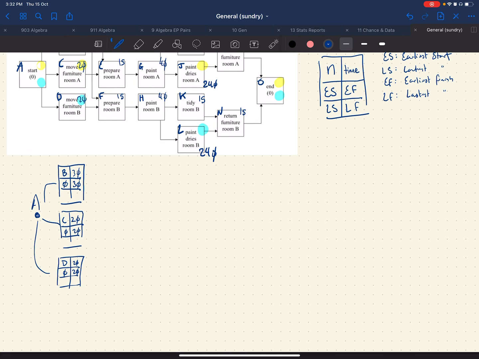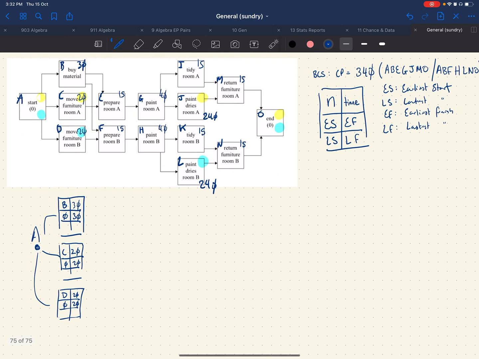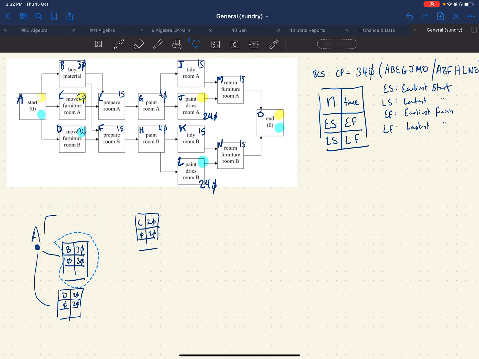So those are some arrows. Now B moves to both A and E. So what I may even do, just to make it a little bit neater, is I can move this around. Okay.